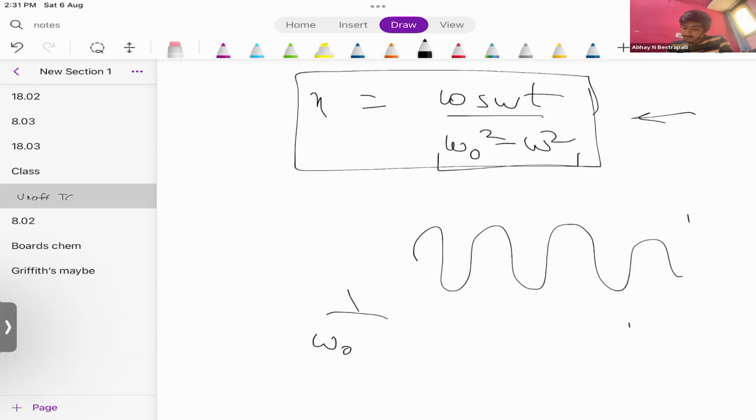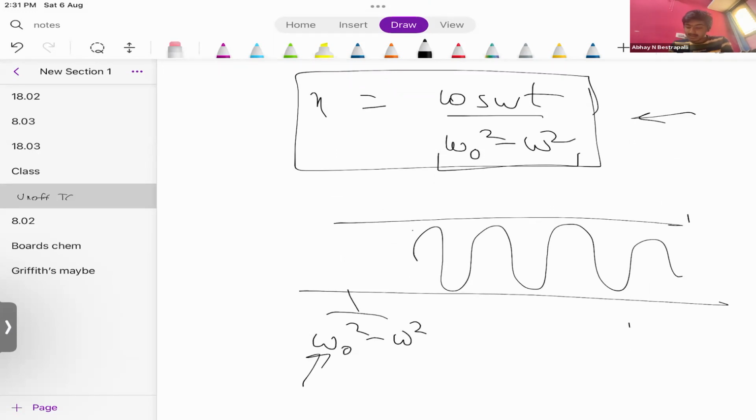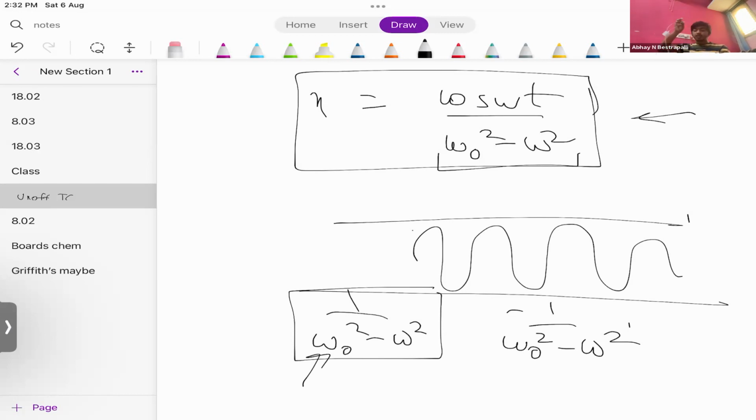This factor sets the amplitude, because cos goes between its maximum and minimum values, so this value is the amplitude with which the pendulum oscillates, since x is the position of the pendulum.